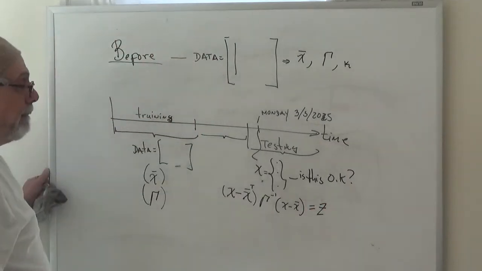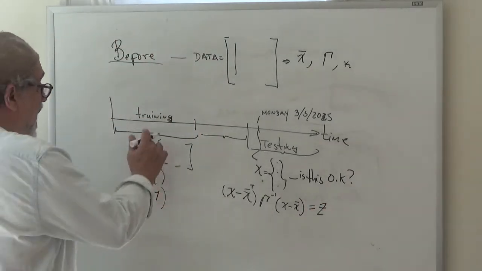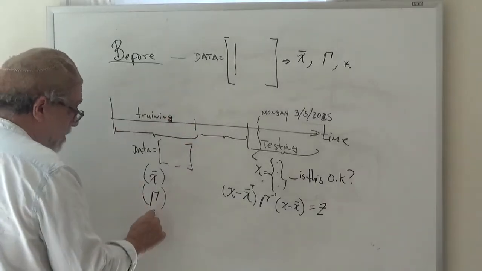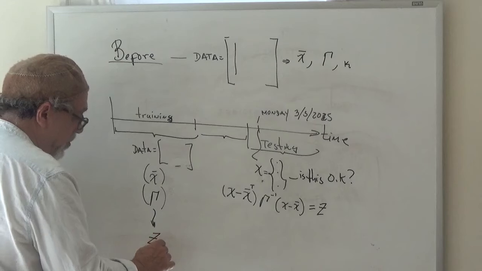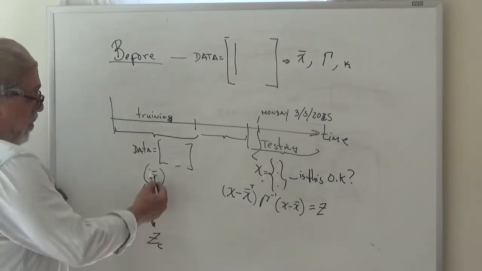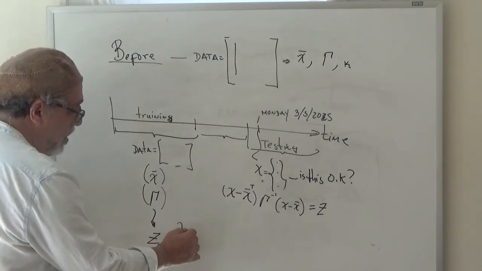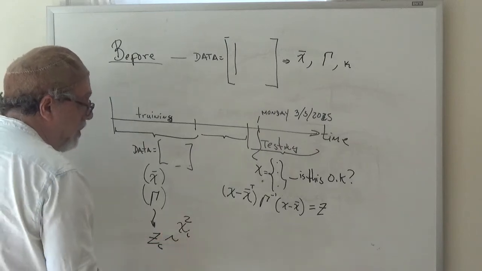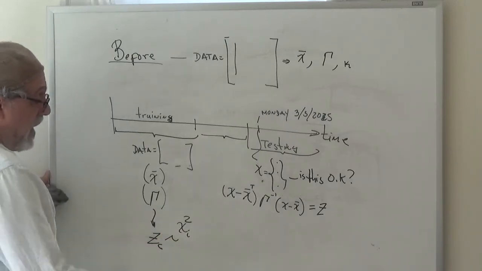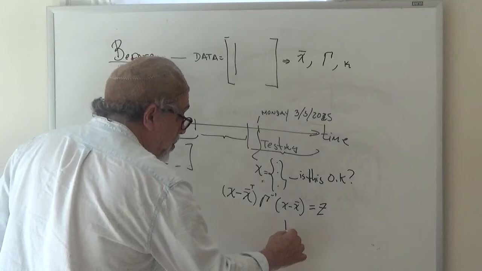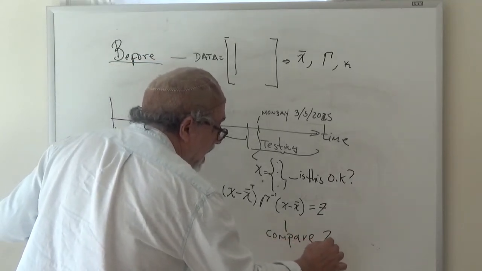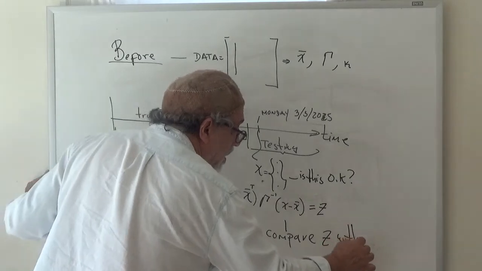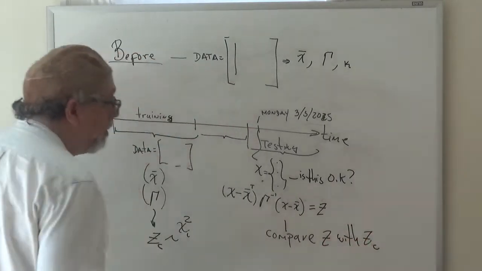Z. All right? I've already established at this time, using this data, that there was a Z critical. And that was based on a chi-square distribution, as I explained before. Now, at this point, I just compare Z with Z critical.